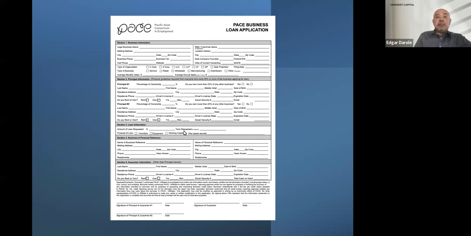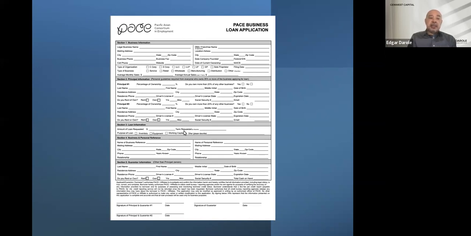Typically, as with most lenders, they will require that anybody who owns 20% of the business is required to guarantee the loan. So all of those principals must be listed under Section 2.